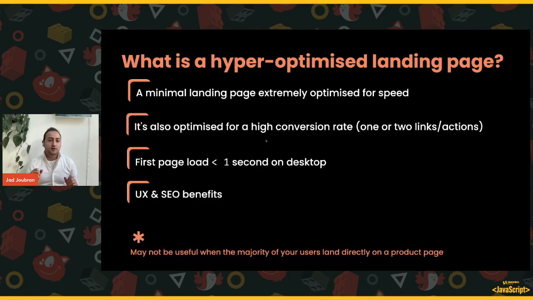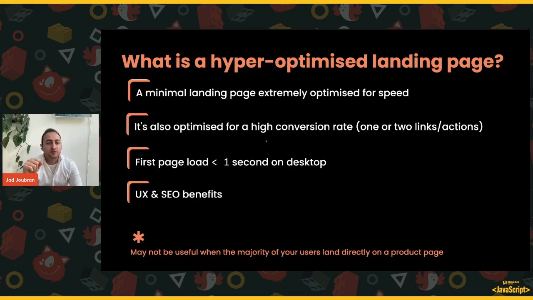So what is the hyper-optimized landing page? Well, it's a normal page that is extremely optimized for speed, really extremely, you're going to see. And at the same time, it's also optimized for a high conversion rate. So there's generally 1 or 2 actions you can do, either sign up, or enter your email.